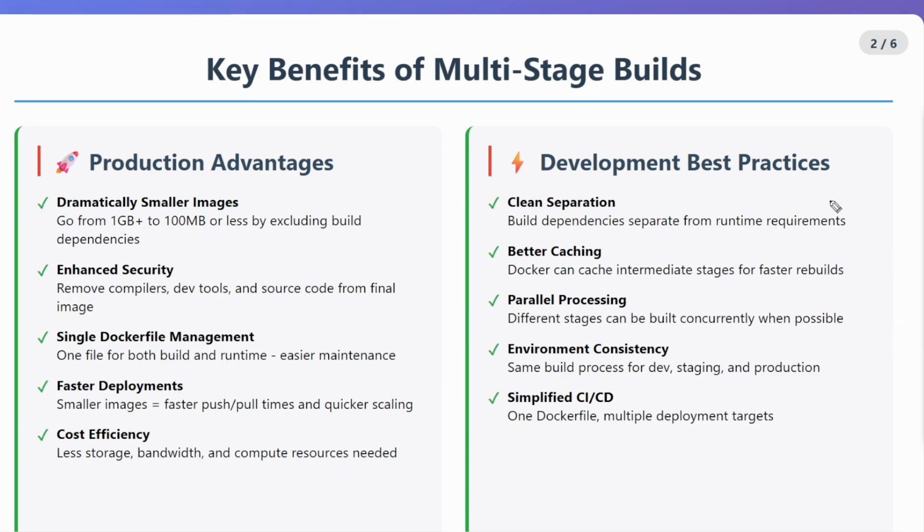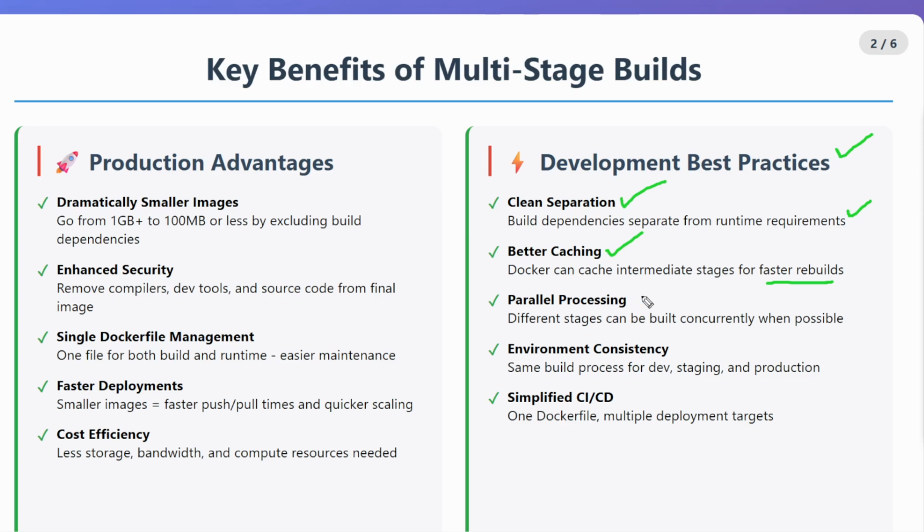Coming to development best practices, make sure to have a clean separation: build dependencies separate from runtime dependencies. That is the best practice. Better caching should be enabled; Docker can cache intermediate stages for faster rebuilds.